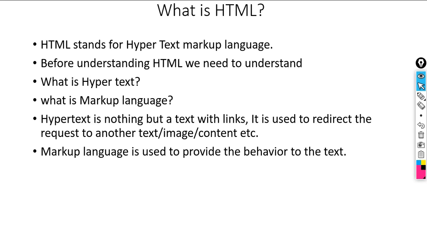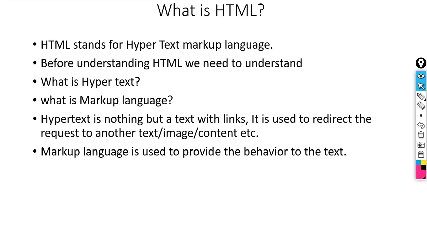First, we divided the complete word HTML into two different parts: hypertext and markup language. Then I explained hypertext: a text only, but with an anchor tag, or we can say with links.